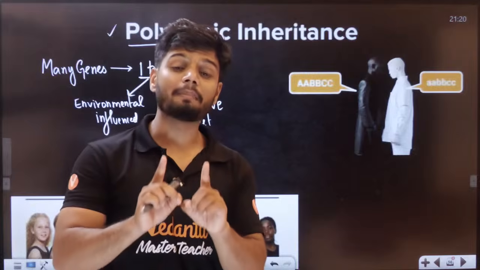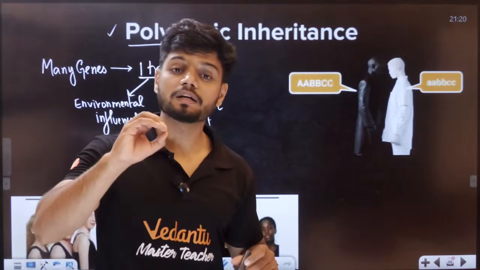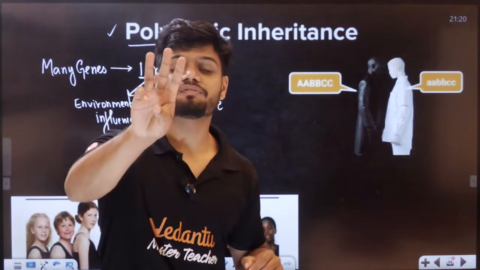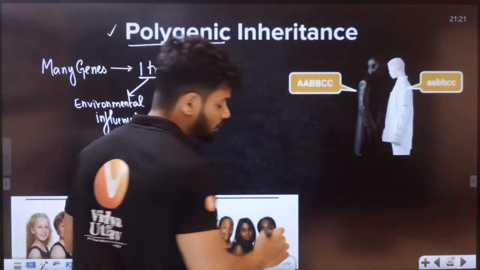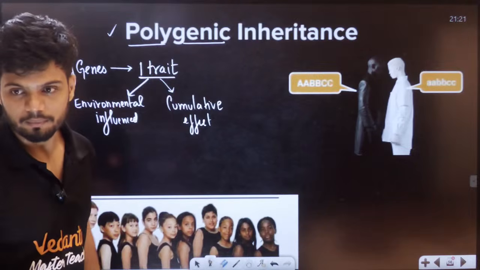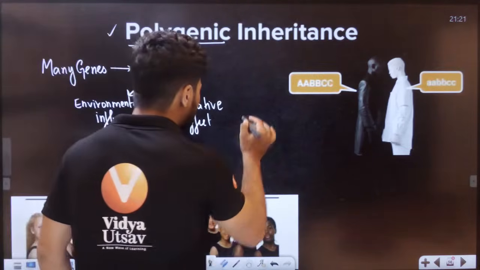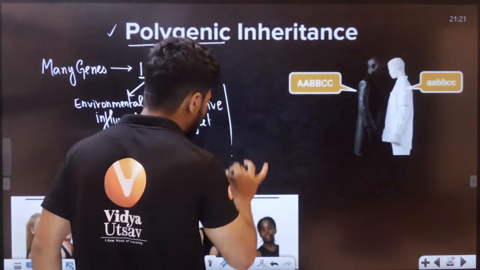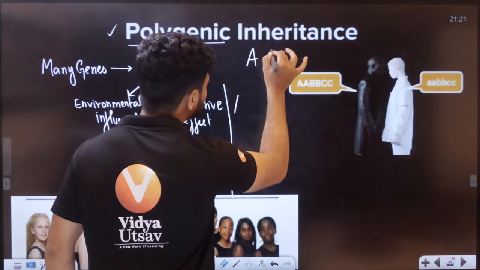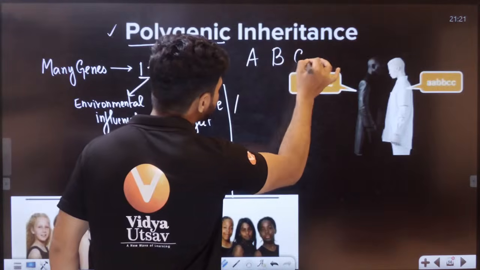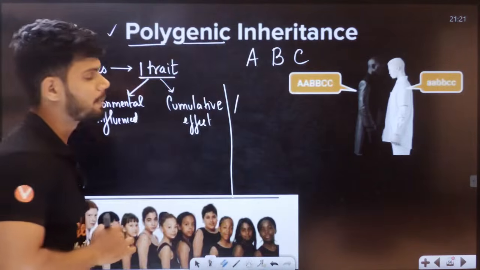And this entire melanin pigment is controlled by three different genes. Melanin, not melatonin. Melatonin is different. Let's say this entire melanin is controlled by three genes: gene A, gene B, and gene C.